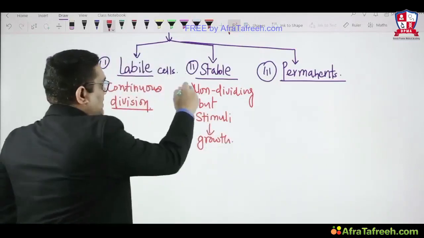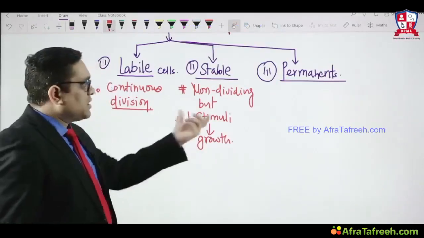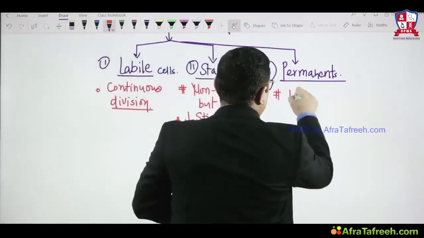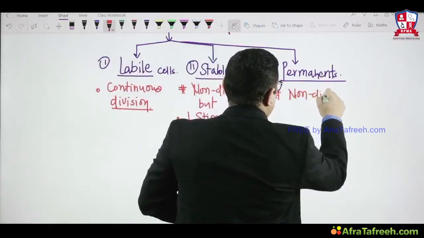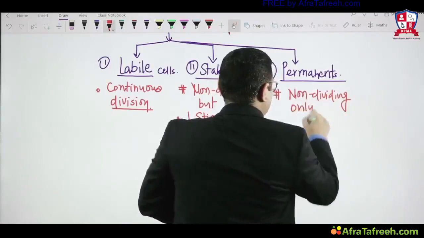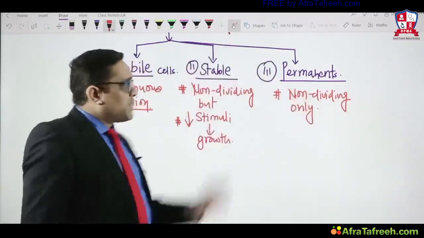Usually they are non-dividing cells, but when given a stimulus, they will have growth or proliferation. These are stable cells. Permanent cells, as the name itself tells, are permanently non-dividing. Even if you give stimuli, they will not divide. They are called permanent cells.